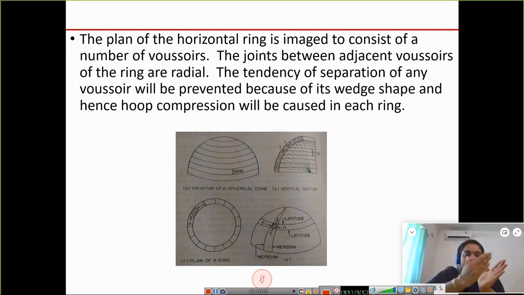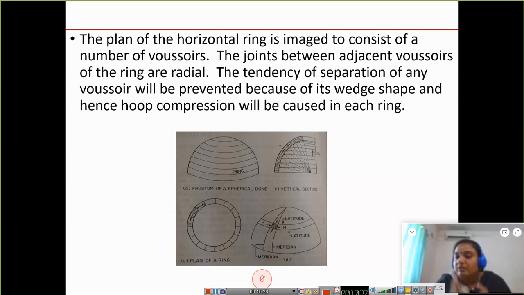So many Vaussiers are placed like this, and compared to this one, the diameter here is less. So because of that, you'll have the wedge shape coming, and the tendency of separation of any Vaussier is prevented because of this wedge shape.